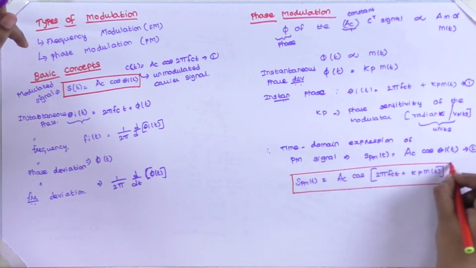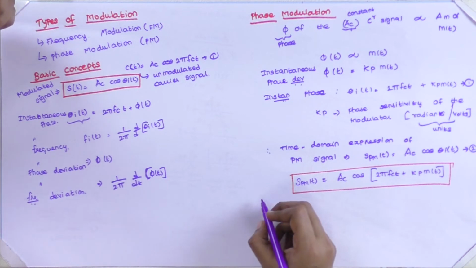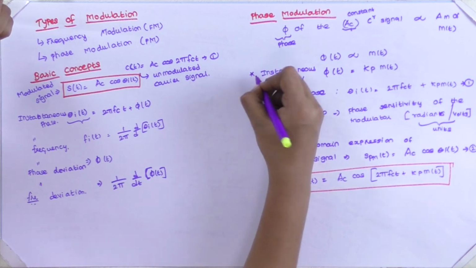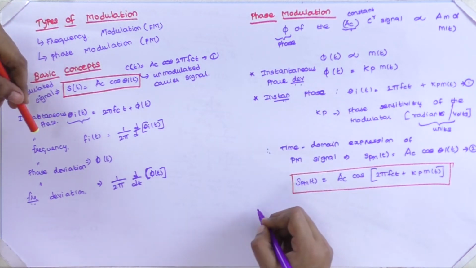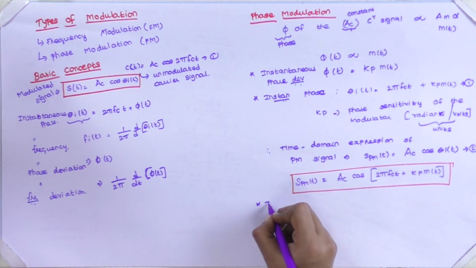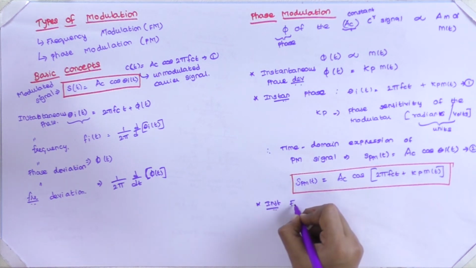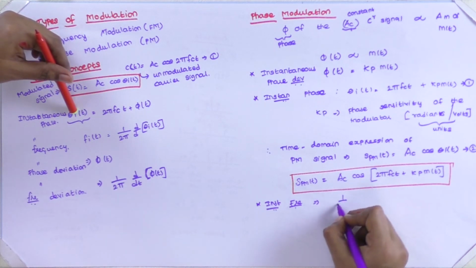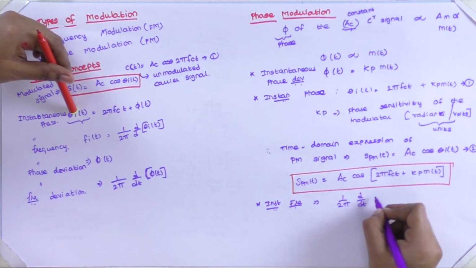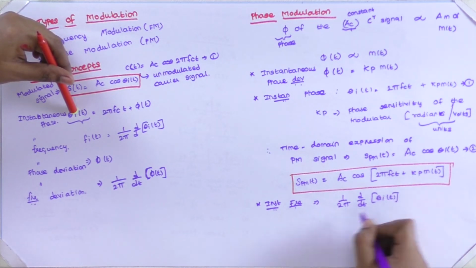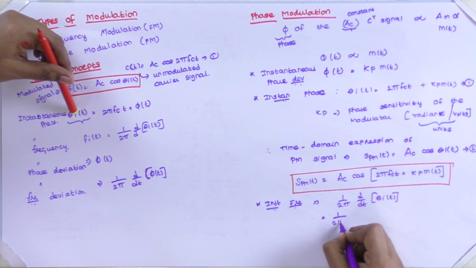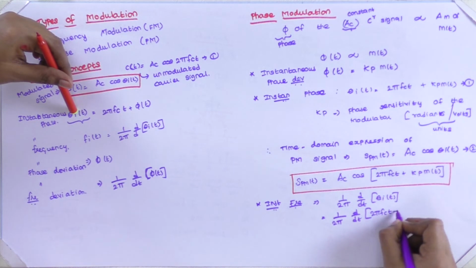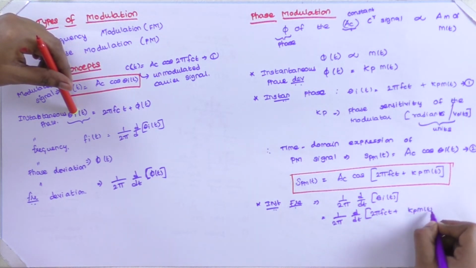Now we will see the instantaneous frequency. We have seen instantaneous phase deviation. We have to now see what is the instantaneous frequency. What is the formula for the instantaneous frequency? 1 by 2 pi d by dt of theta i of t. We have to substitute our equation number 1 in this. Therefore, d by dt of 2 pi fc t plus Kp m of t.